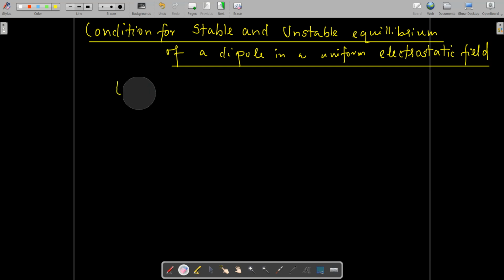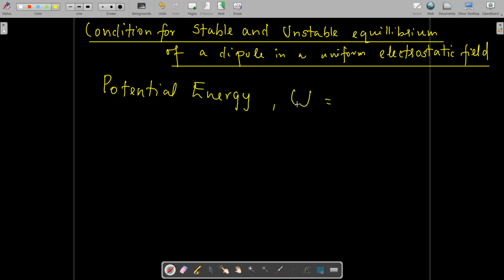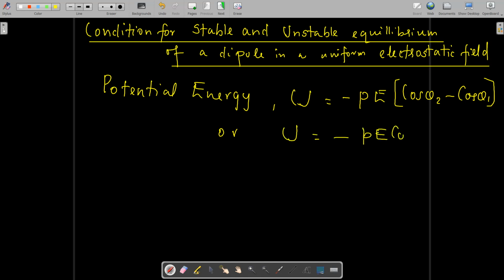Potential energy, capital U equal to. Two equations are there: PE into cos theta 2 minus cos theta 1, or the reduced form U equal to minus PE cos theta, that is minus P dot E. Okay, both the equations we can take.